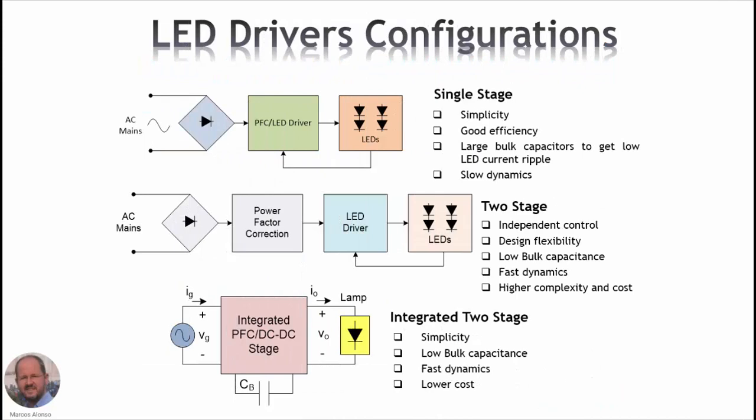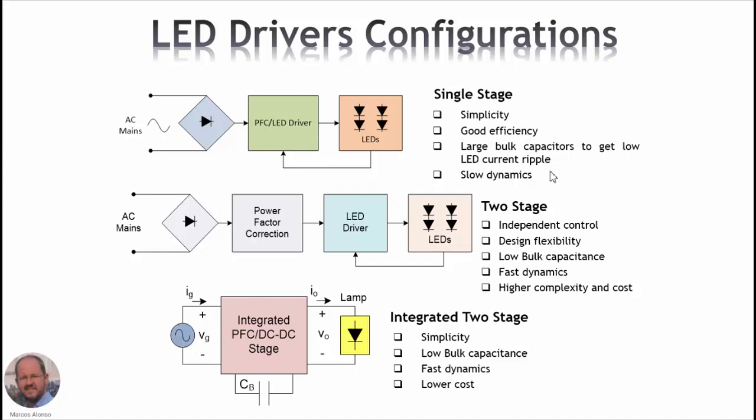So let's start now with the different LED driver configurations. We can see here the three possibilities that we have seen before. The first one is to use a single stage to implement both functions, the power factor correction and also the regulation of the current through the LEDs.